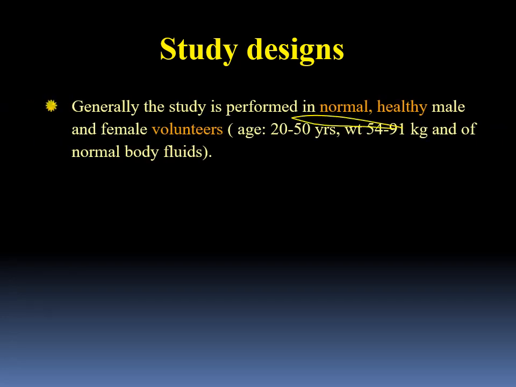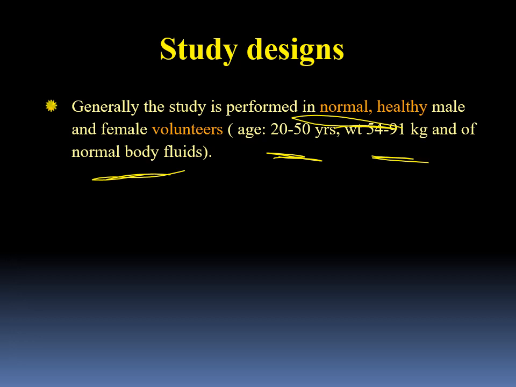So again, the bioequivalence study should be done on healthy volunteers, not patients, and their age should be between 20 to 50 years old, and average weight from 54 to 91 kilograms, and they have normal body fluid.